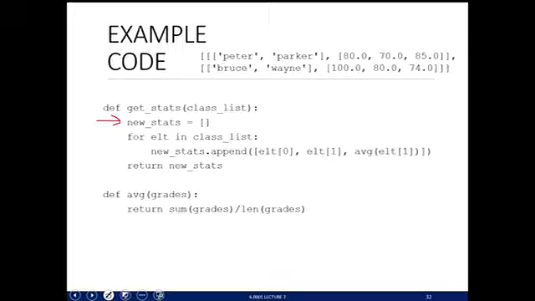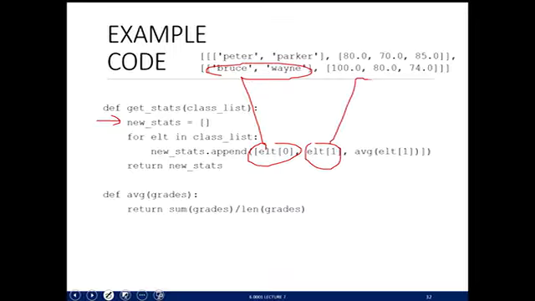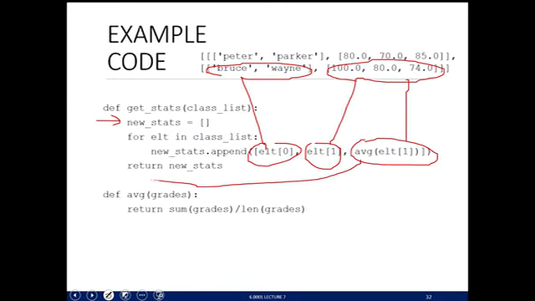I'm appending element at 0, which is going to be this first list here. So it's going to be the first name and the last name. Element at 1, which is the grades. And then the last thing I'm appending is a function call. The function call being called with element 1, which is all of the grades.